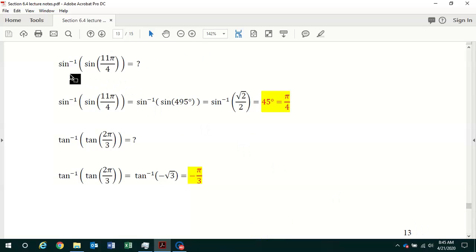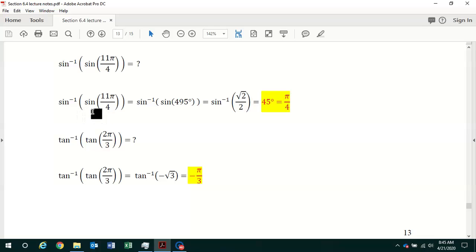In the next example, we have to find the inverse sine of the sine of 11 pi over 4 radians. This is one of those times where it's easier for me to convert this angle into degrees and solve the problem in degrees.